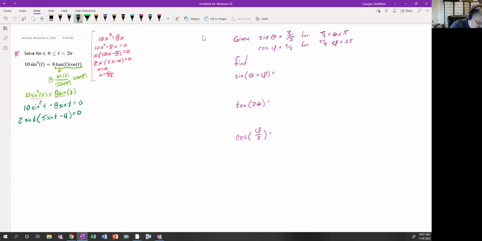But then the zero product principle says this equals 0 when any of the factors are equal to 0. 2 is never equal to 0, so it doesn't matter. So this is going to be true when sine t equals 0 and when 5 sine t minus 4 equals 0. And that's our two equations that we have to solve from there.